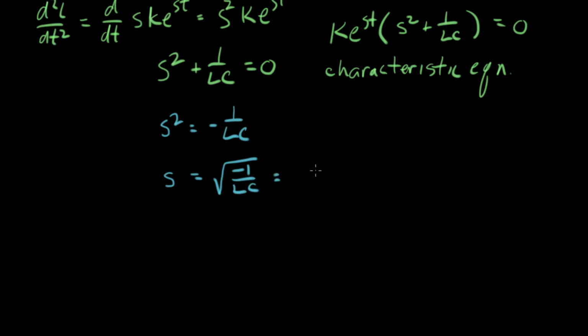I can write this as square root of minus 1 times square root of 1 over LC. And that gives me two answers. I'm going to call the first answer S1, and that's equal to j, which is the imaginary number, the square root of minus 1 for electrical engineers, times square root of 1 over LC. And the other, S2, is the negative of that, minus j times square root of 1 over LC.